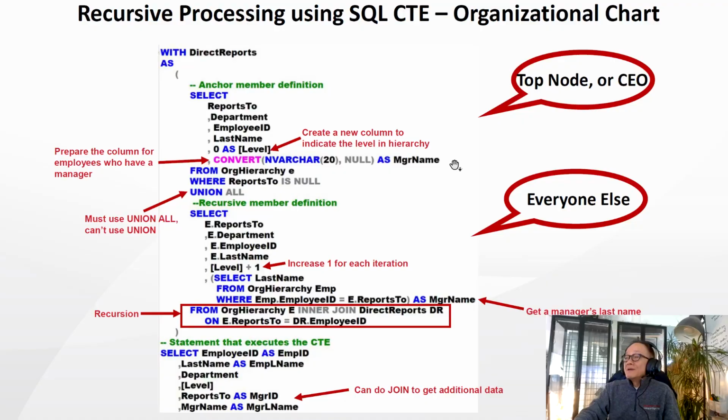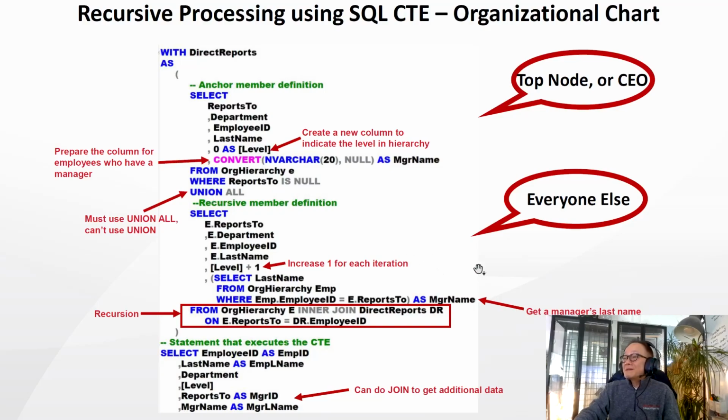Therefore, we have to prepare this manager name column so that in the second data set, we can include a manager's name in this column. Again, pay attention to union all.